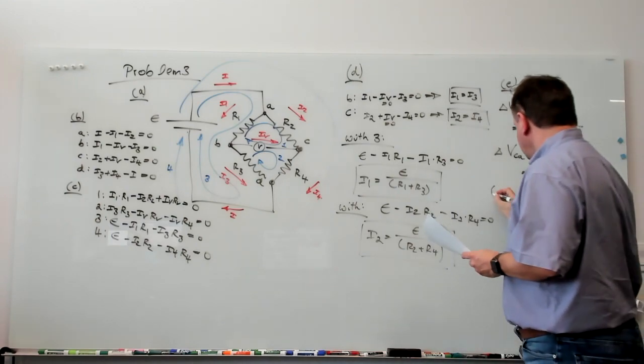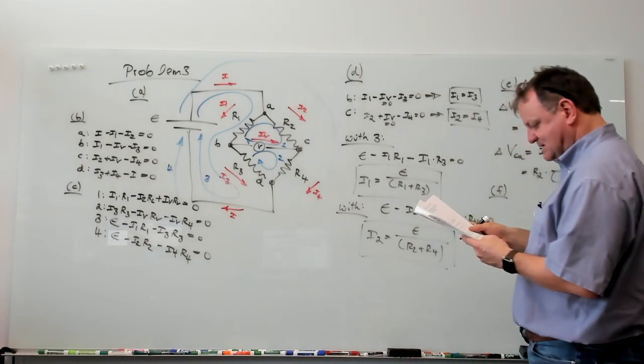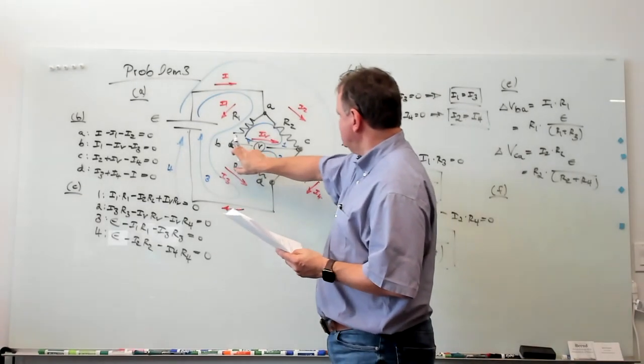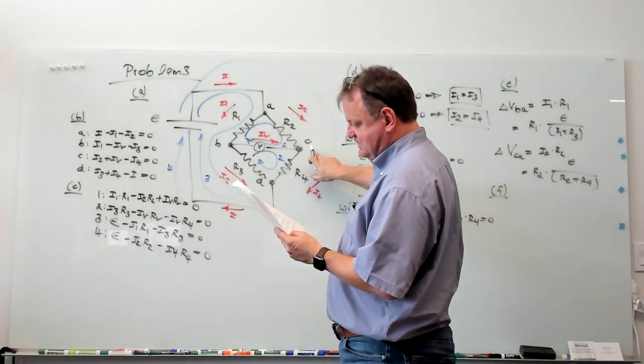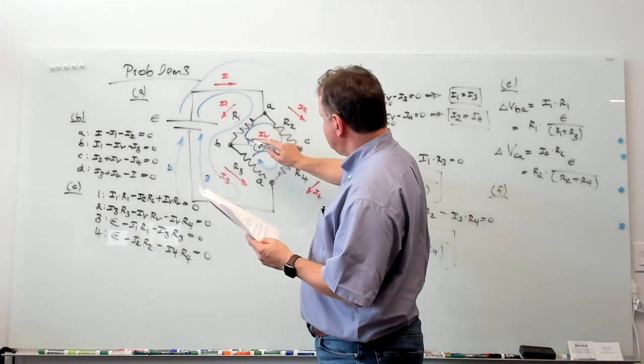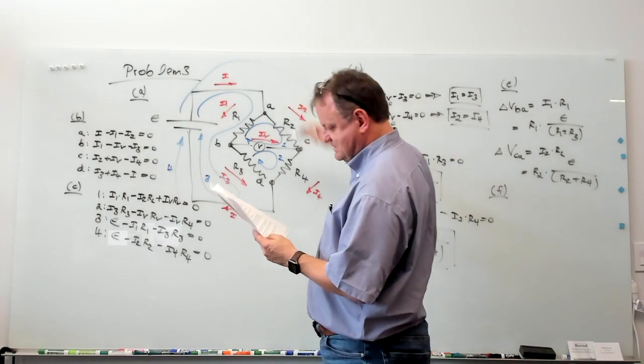Okay, so now in part F, you were asked, determine the measured voltage across BC, so between B and C, meaning the voltmeter reading the difference between BA and AC.